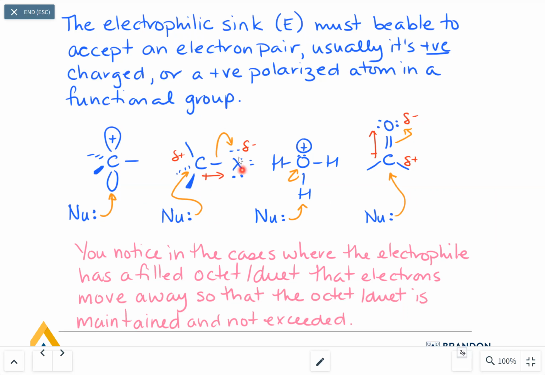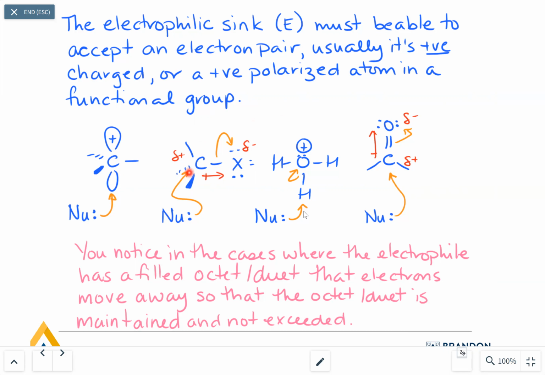So if this is a Cl, when this nucleophile attacks, the more electronegative chlorine is going to grab those electrons in that bond and depart. So carbon's still going to have its 8 valence electrons.